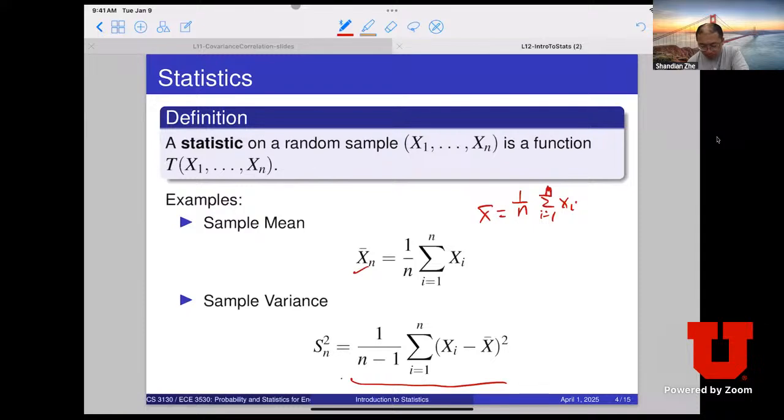Then you subtract the sample mean from each random variable, take the square, add them all together, and divide the sum by n minus 1. Someone may ask, why divide by n minus 1? That sounds a little weird. But this is a well-known result because the sample variance is the unbiased estimate of the variance, which we will discuss later. Here we just show you some concrete cases of statistics.